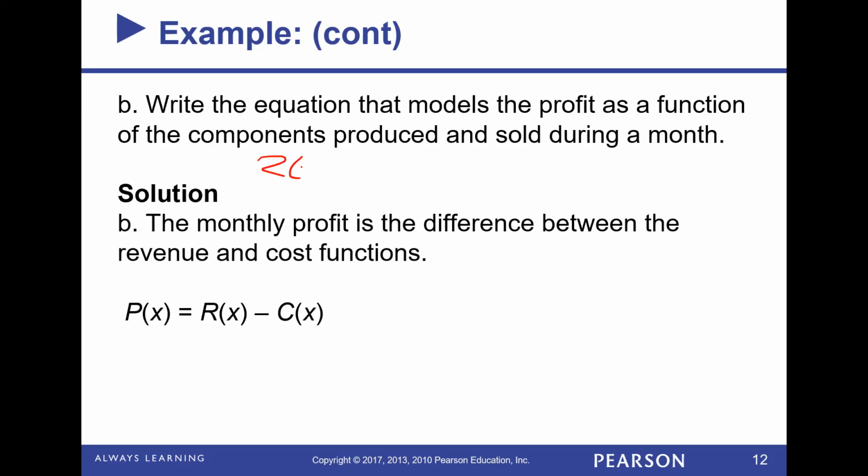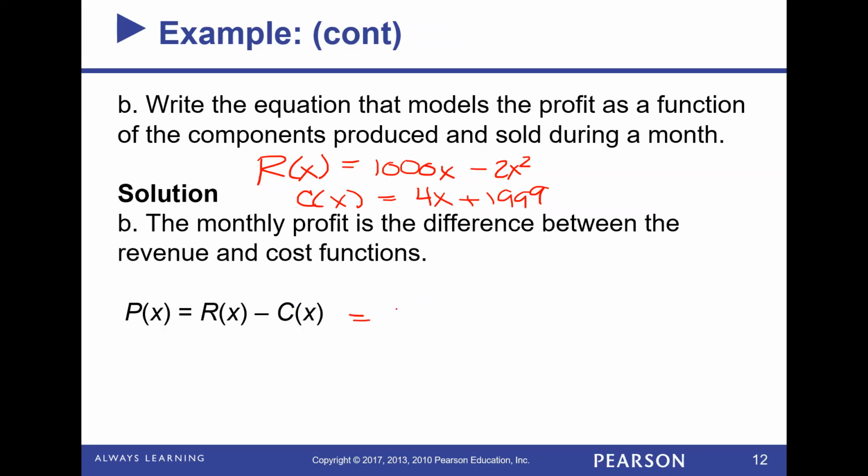The revenue function that we created was 1000x minus 2x squared, and our cost function was 4x plus $1,999. So we're just going to plug those in together.